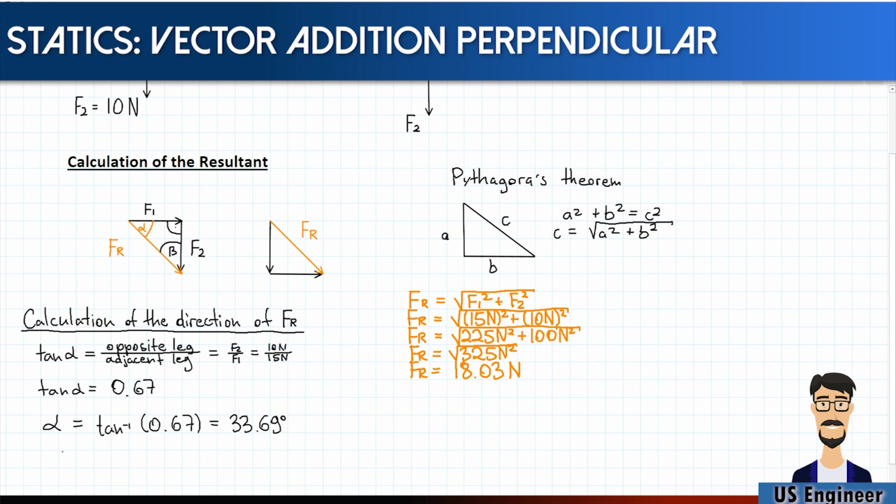So beta is therefore going to be the inverse tangent of F1 over F2.